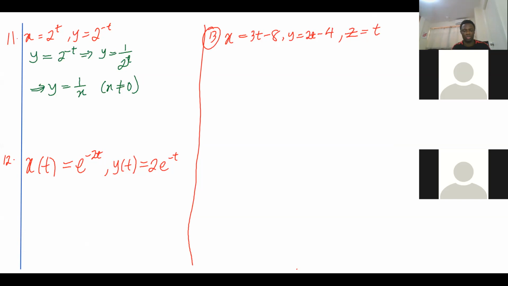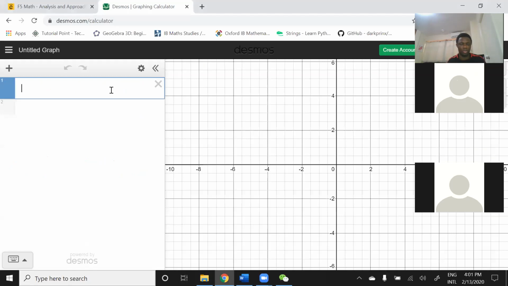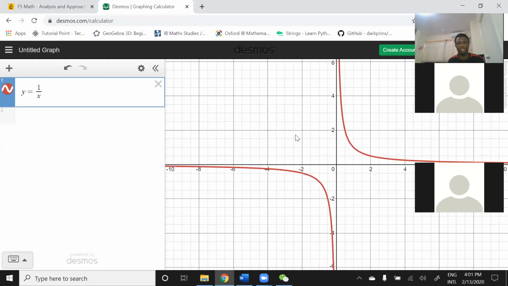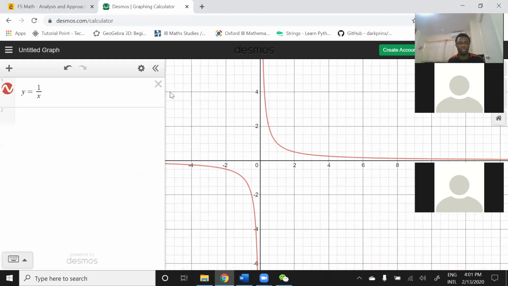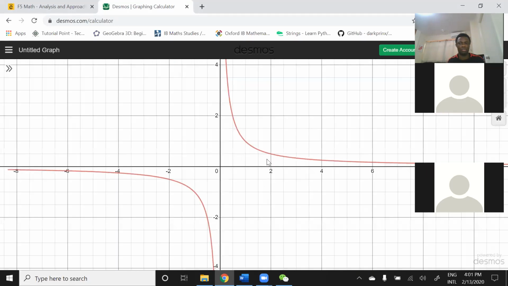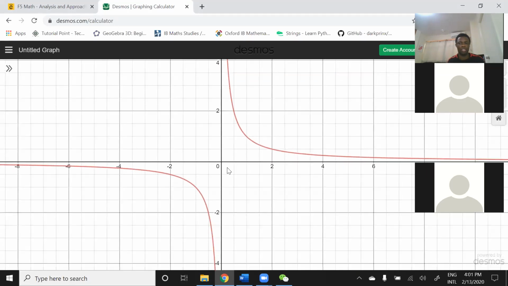You can try to plot the graph on Desmos. Let me show it on my screen. We try to plot the graph, Y equals 1 over X. And you see, it does not pass through the origin. Everybody see that? This is Y equals 1 over X. So that's why you need that condition. Do you guys understand what I'm saying?